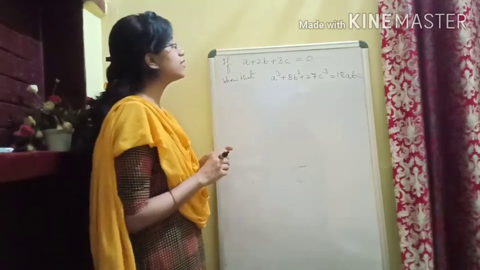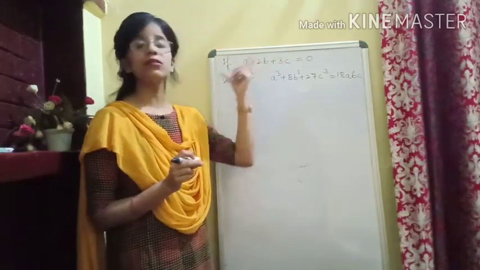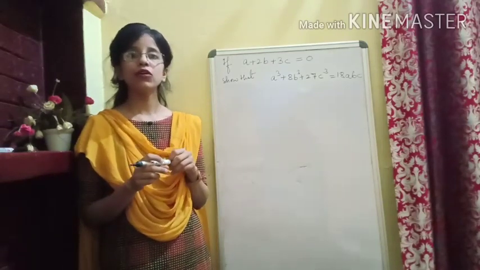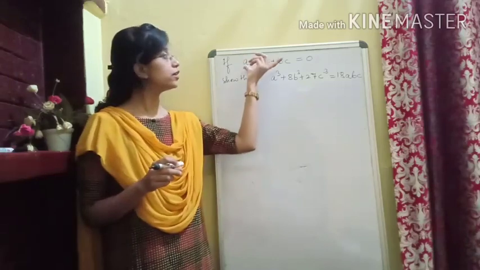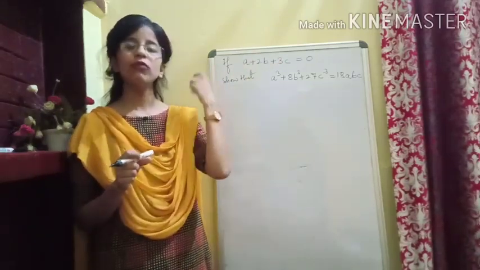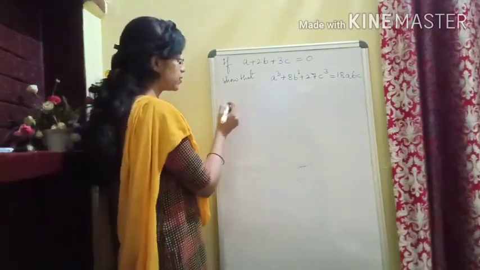This information is given and we have to show this. Second, if you see in this information we have 3 terms given, and the identities of cube that we were having were for a binomial, that is a plus b. Now here it is 3 terms, and if you remember, when we were seeing the cube identity, I told you one more identity. So let me write that identity first.